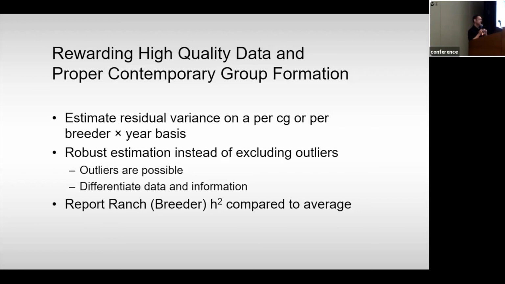So we're not suggesting data quality be what I call a rules-based approach, right? So we expect the phenotypic variance to be this, and if it's not this, we kick it out, that kind of thing. We're saying we need to fit models to allow us to differentiate between high and low quality data. So that's something that's done at the genetic evaluation level, not at the breed association level. And it's not a trivial change to make, but we know how to do it.